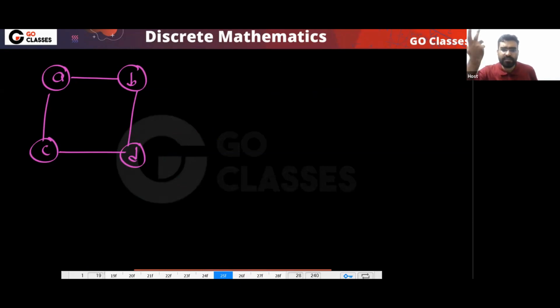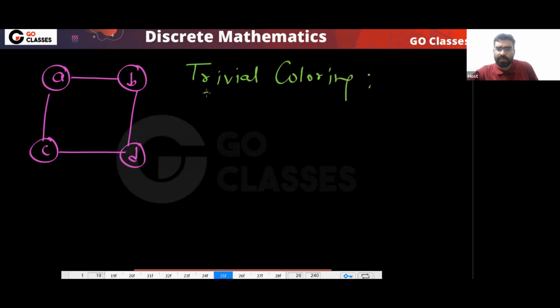Why bother, right? Very trivial solution. So what is the trivial coloring? You can simply say that to every vertex you give a different color.